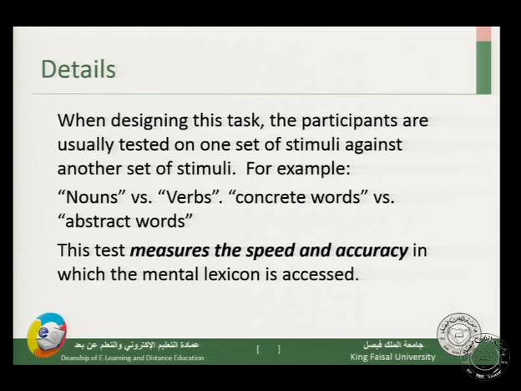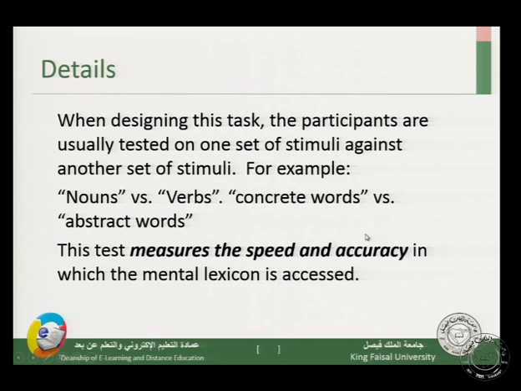Okay? When designing this task, the participants are usually tested on one set of stimuli against another set of stimuli. For example, they might be asked to do nouns first, then after they finish nouns they do verbs. Or they might do concrete words first, then abstract words. These are two different kinds of stimuli.